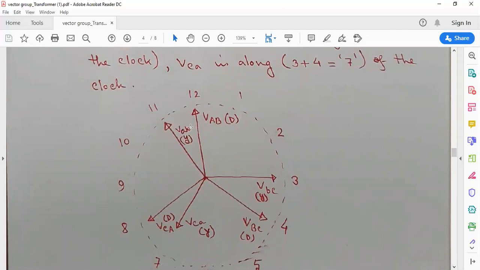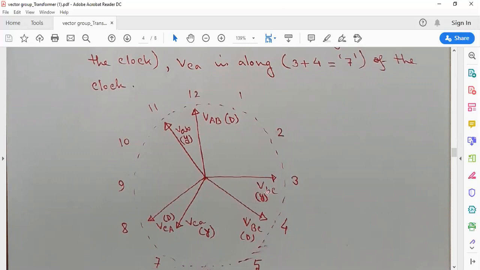If we know VAB is along 11, in which direction will VBC be? We have to go 4 points to travel 120 degrees. From 11 to 12 is 30 degrees, 60 degrees, 90 degrees, 120 degrees. So along 3 in the clock, we will find VBC, the line to line voltage of Y connection.